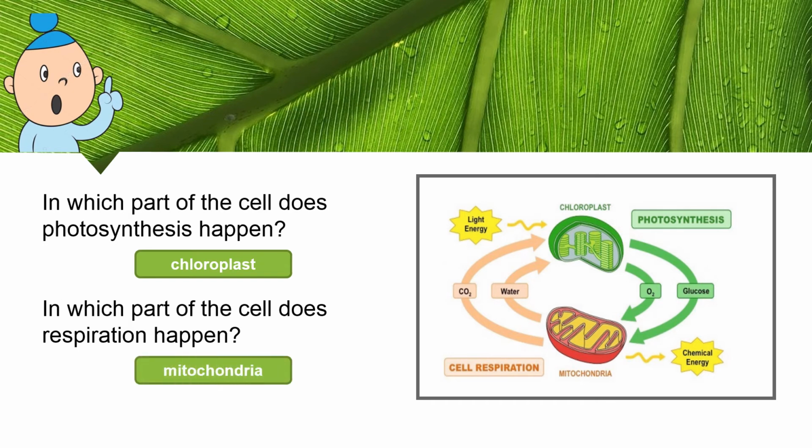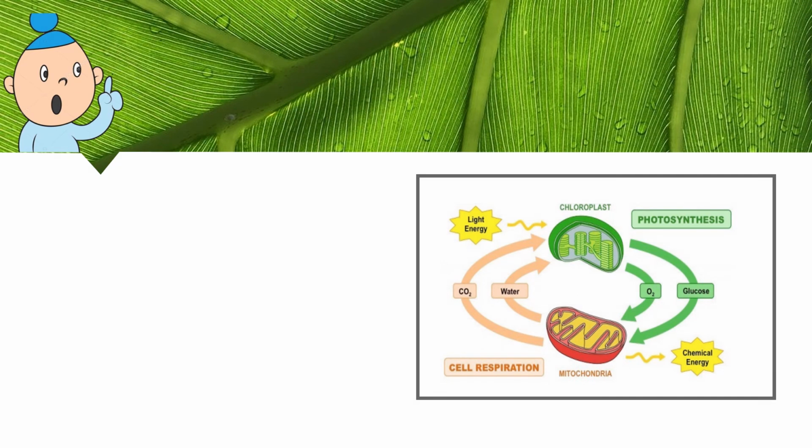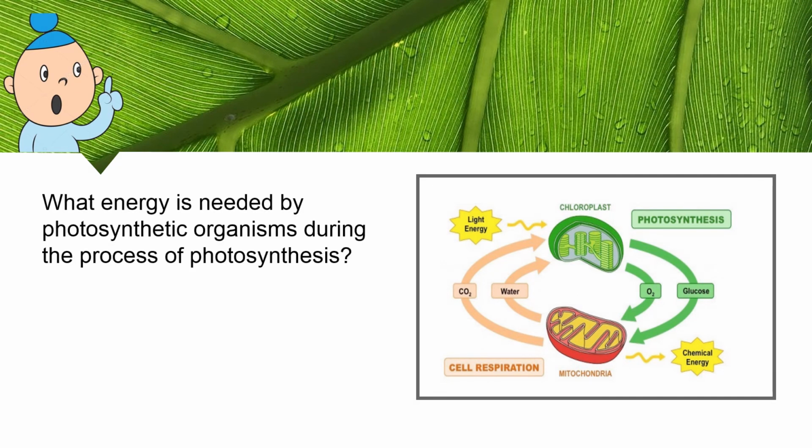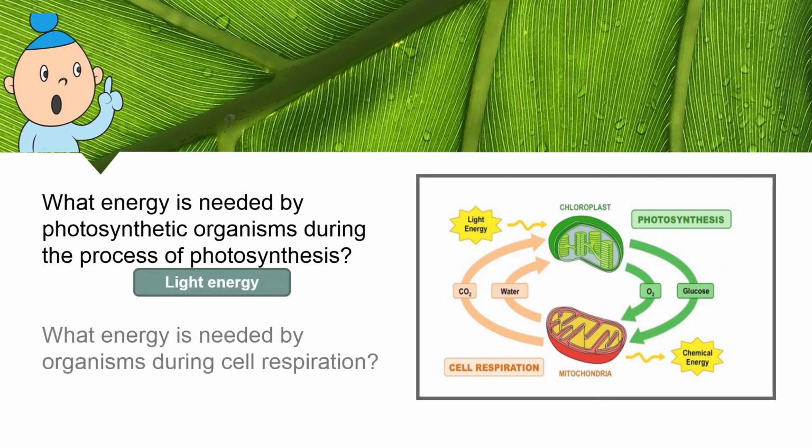Here, the answer is mitochondria. Next, what energy is needed by the photosynthetic organism during photosynthesis? The answer is light energy. On the other hand, what energy is needed by the organism during cell respiration? The answer is chemical energy.